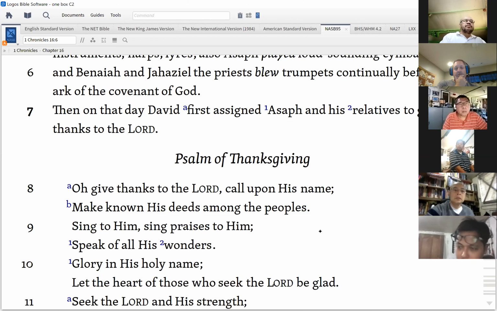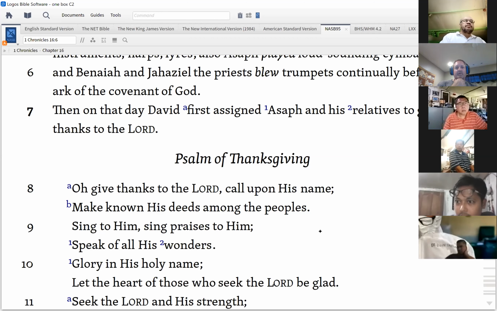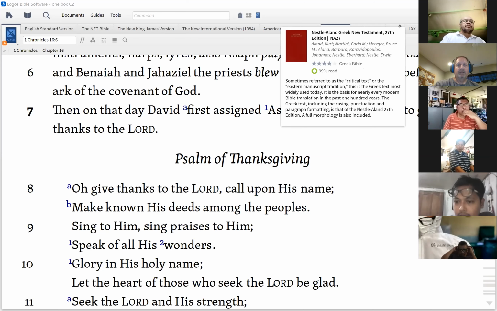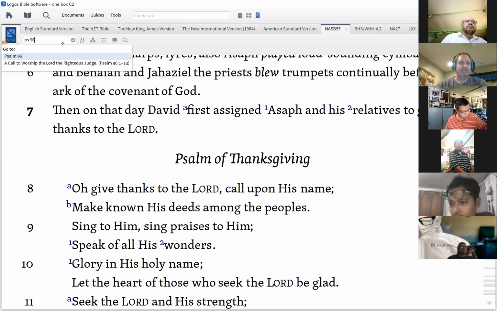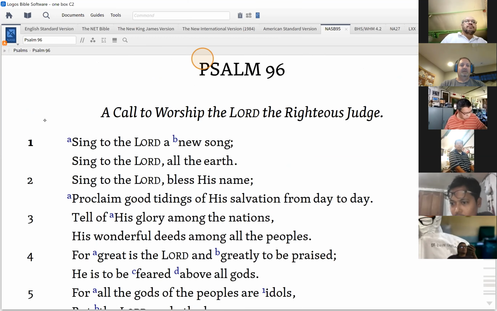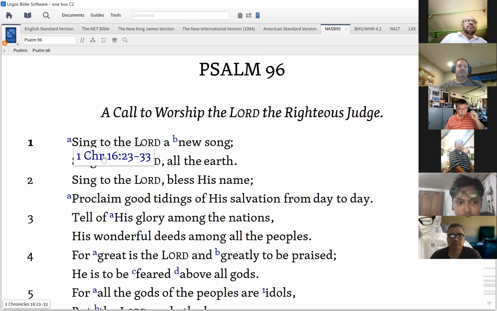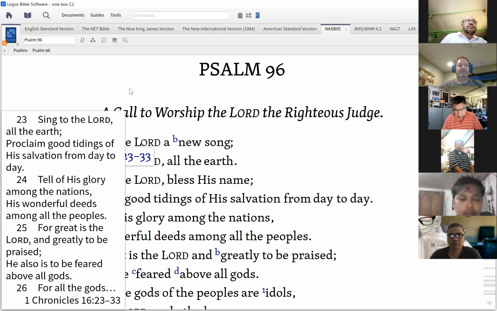in the historical books. I think it really reminds us of the importance of knowing our Bibles, right, and understanding, seeing the links. And also, what you can do, guys, is if you're in, for example, Psalm 96, and you see the cross-reference here, sometimes your translations will help you out.